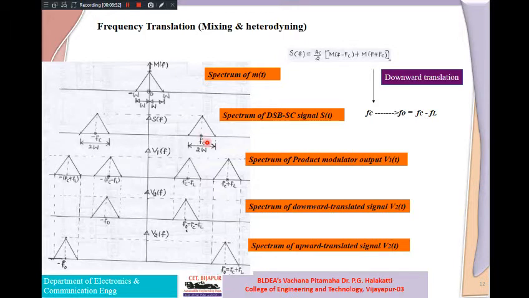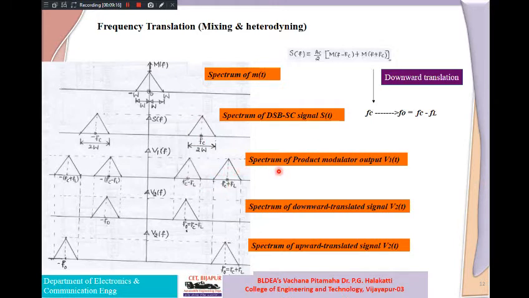Instead of concentrating the sidebands around f_c, we want the whole sideband concentrated around f_c - f_L or f_c + f_L.